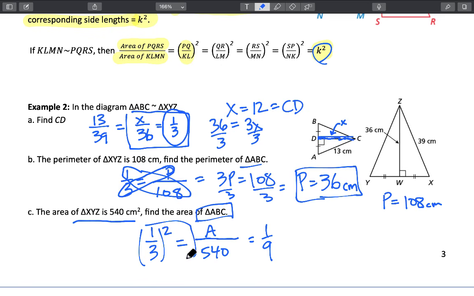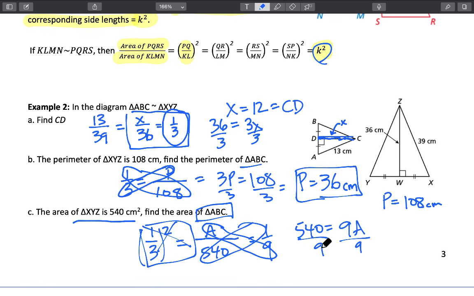All right, now I'm just going to ignore this over here, and we're going to solve this proportion. 1 times 540, 540 is equal to 9 times A. We're going to divide off that 9. And 540 divided by 9 is 60. There you go. So 60, and our units here are centimeters squared. So the area of our smaller triangle ABC is going to be 60 centimeters squared.